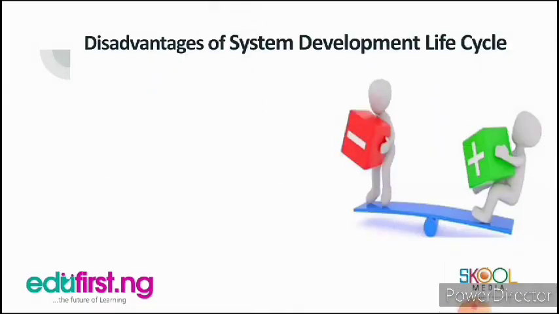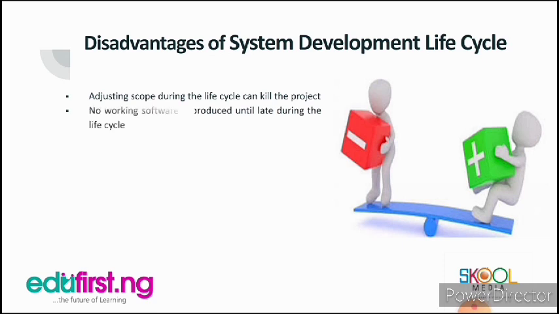The disadvantages of system development life cycle. The first one is that adjusting scope during the life cycle can kill the project. Also, no working software is produced until late during the life cycle. The third disadvantage is the high amount of risks and uncertainties.